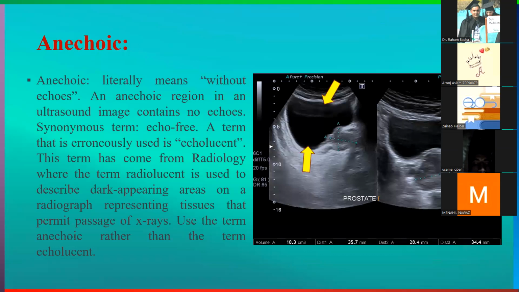What do we mean by anechoic? By anechoic we mean without echo, without reflected sound waves. So if there is any structure that is unable to reflect sound waves, it will appear dark or black on the screen.